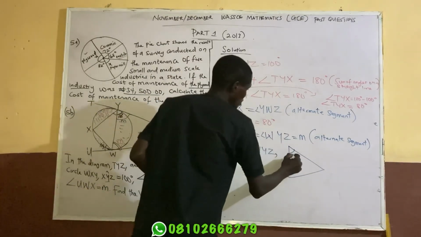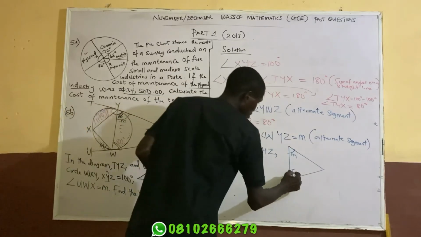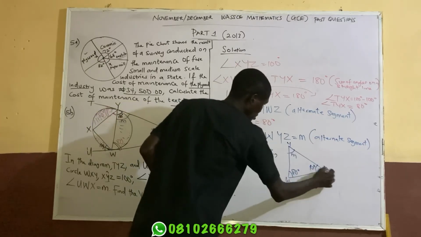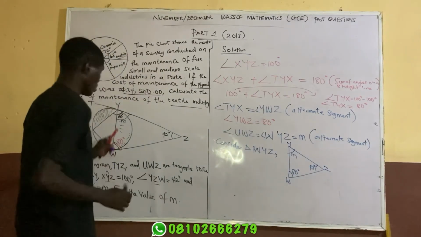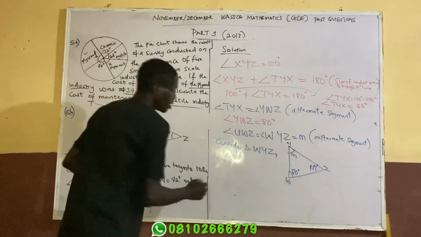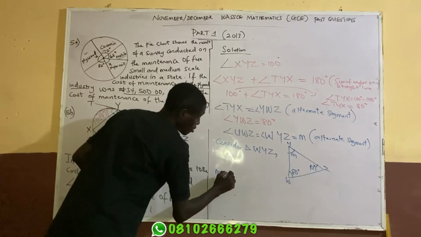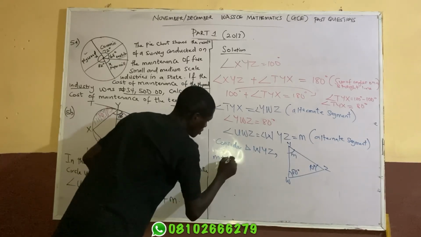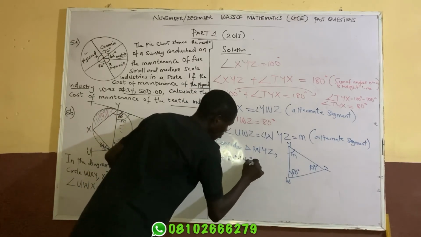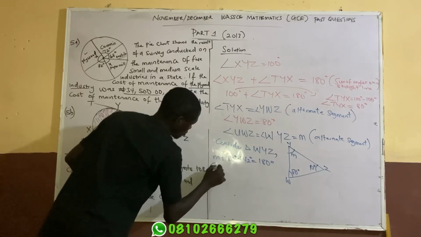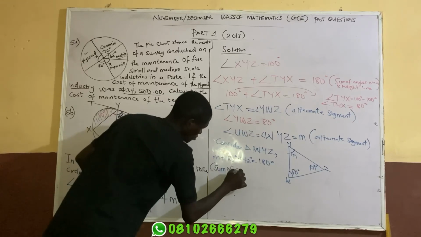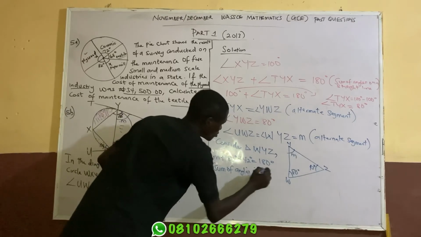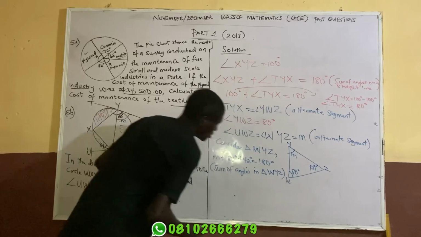This is M degrees, this is 80 degrees, and here is 42 degrees. So M plus 80 degrees plus 42 degrees is equal to 180 degrees, the sum of angles in a triangle, triangle WYZ.